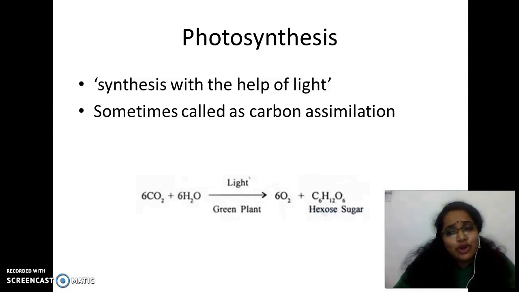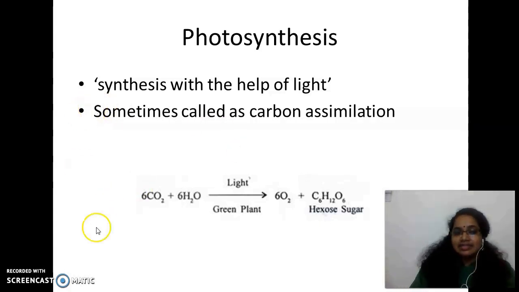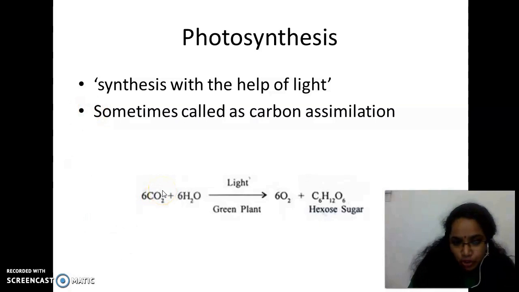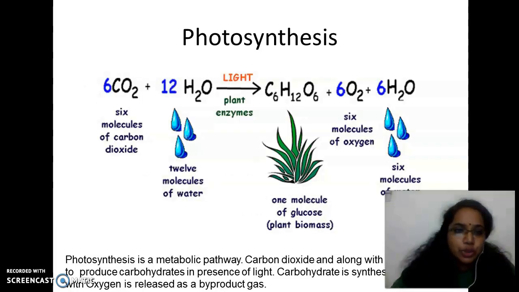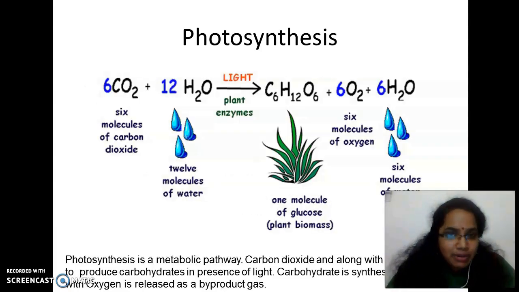Photosynthesis is sometimes also called carbon assimilation and is represented by this formula: 6 molecules of carbon dioxide and 6 molecules of water, in presence of light and green pigment present in plant, produce hexose sugar. But this is a traditional or old formula which is replaced by the new one, in which the correct formula is 6 molecules of carbon dioxide and 12 molecules of water.